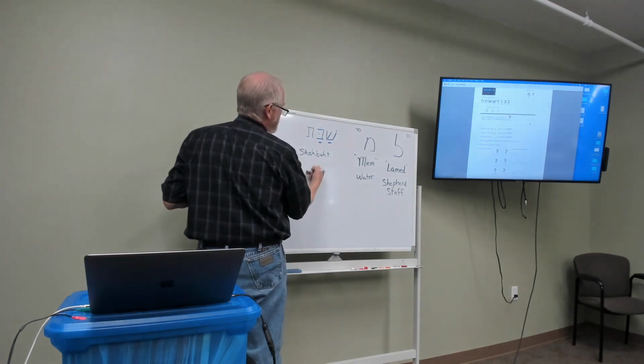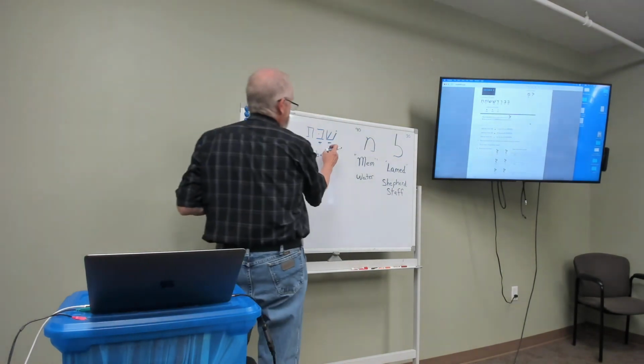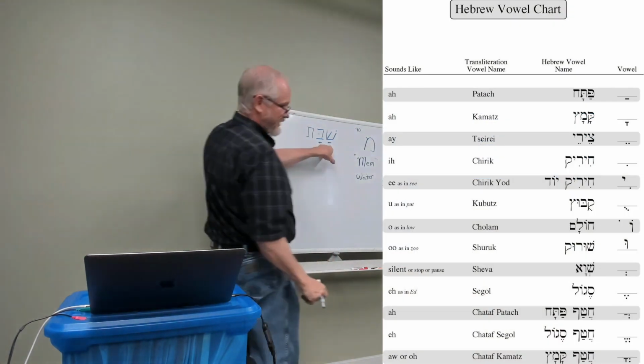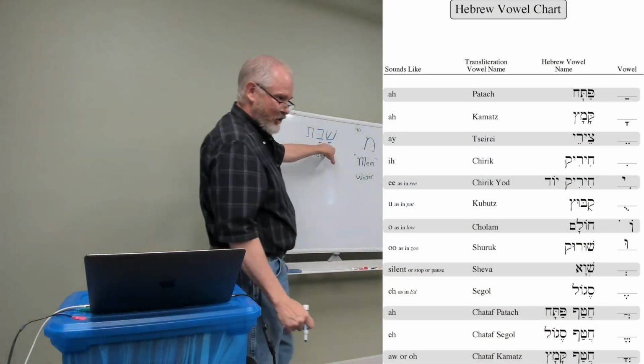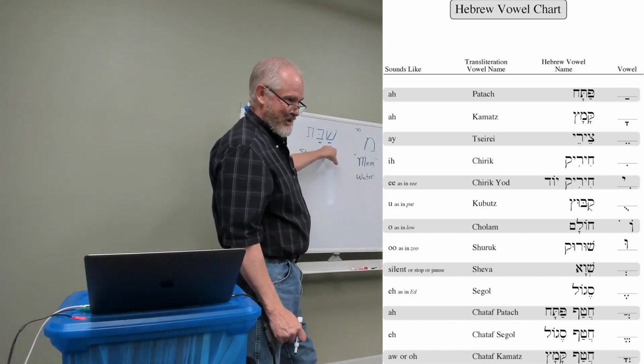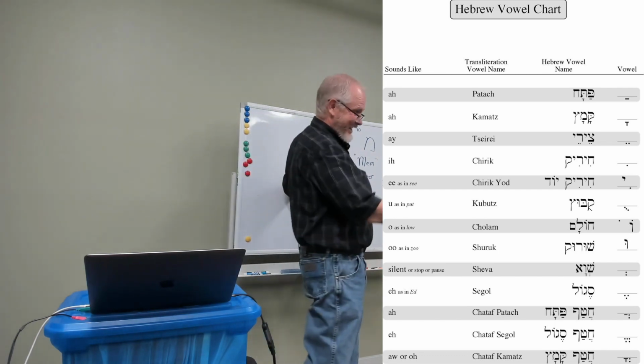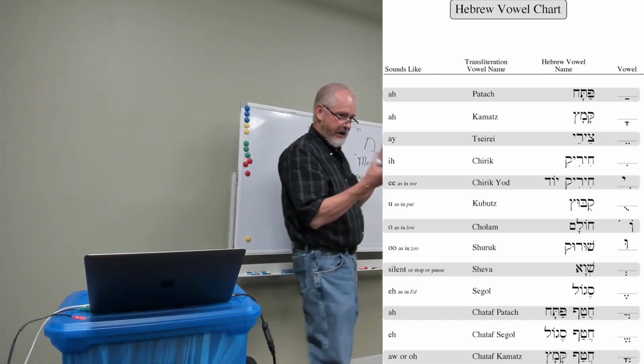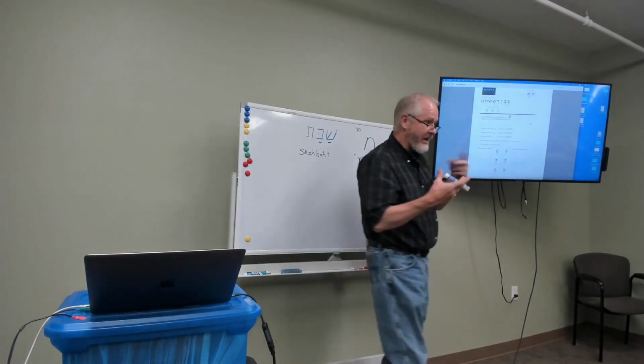Now, what did you call those vowels? This is the patak. You should have a vowel chart that I gave you at the beginning of all this. It'll really come in handy because it'll show you how to pronounce the name of the vowel.